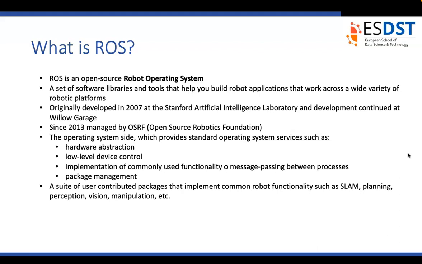One is the operating system side, which provides, as I told you, hardware abstraction. That means you write your hardware controllers. Let's say you have a robot and you want to move from point A to point B, and the controllers need to be sent information in terms of how much angle it has to move, or how many centimeters it needs to move.